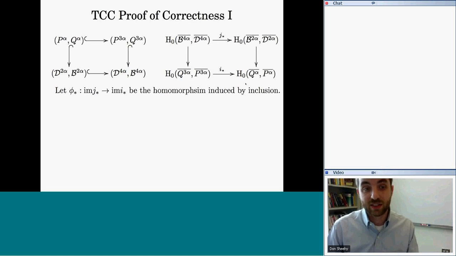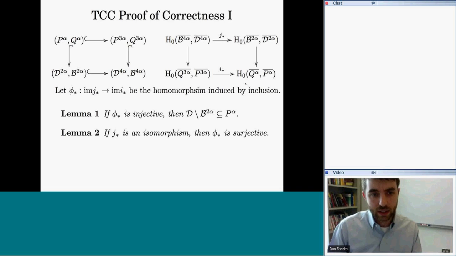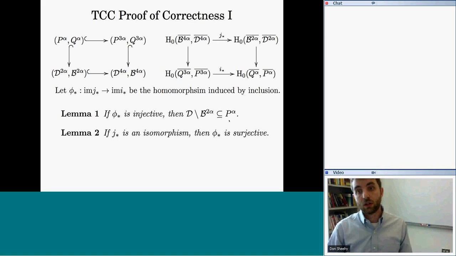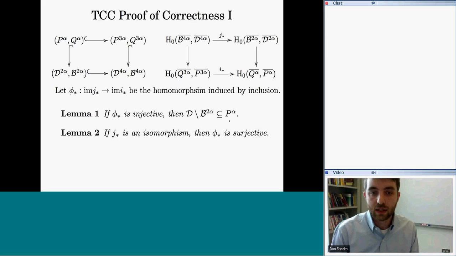The main work of proving that this topological coverage criterion is correct is just to prove, well, the first lemma is just that if this map is injective, then you really do have coverage. There's nothing new in this. This is exactly the proof that appeared in Christ, and it's the one I sketched.